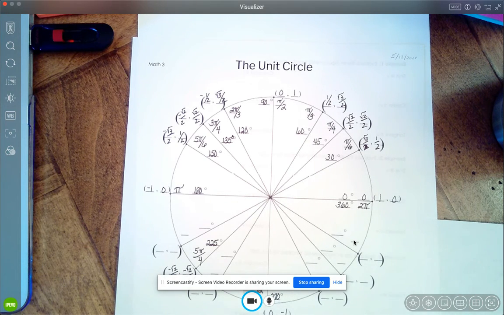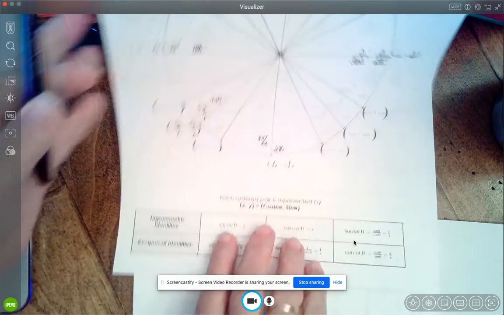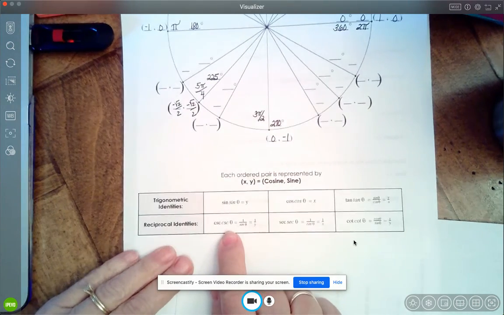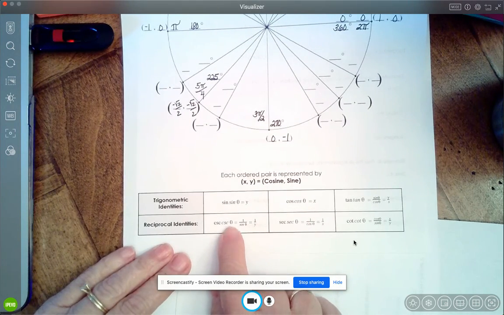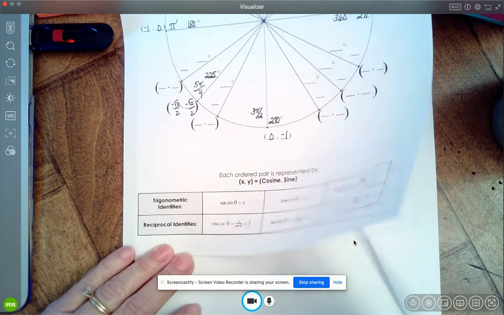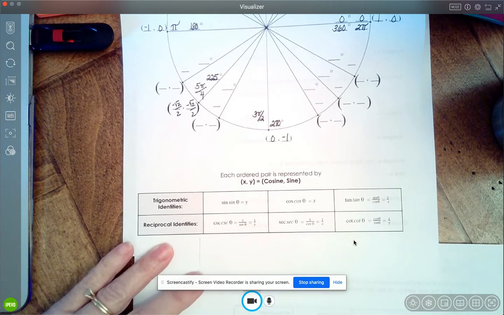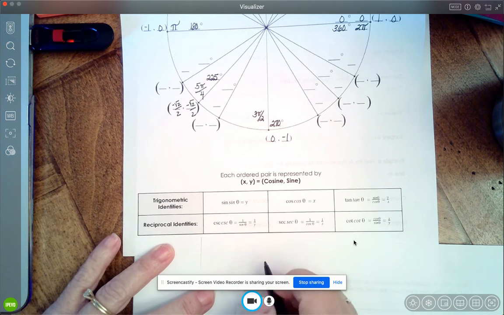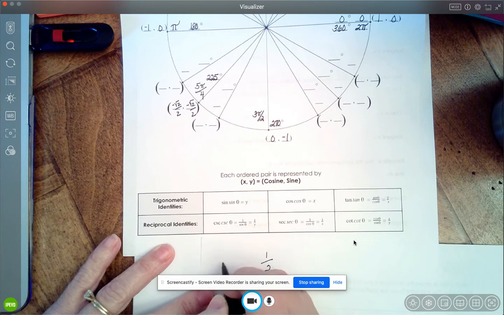And then down here, this chart tells you, and this is just the algebra part of it, the cosecant is 1 over the sine. So if my sine value is 1/2, that is the sine of pi over 6.